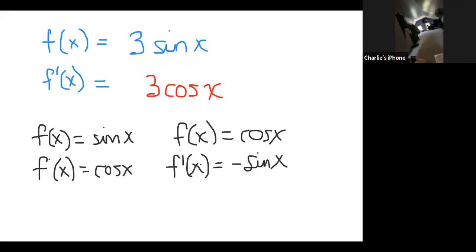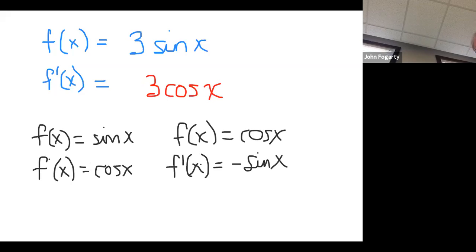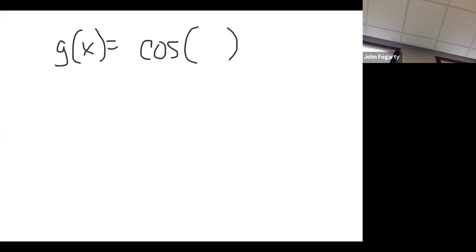All righty. I was kind of hoping nobody used the chain rule, but we're going to use the chain rule for number 12. g of x equals the cosine, not of x, but of 2x. So there are your two functions, the cosine of something and 2 times x.